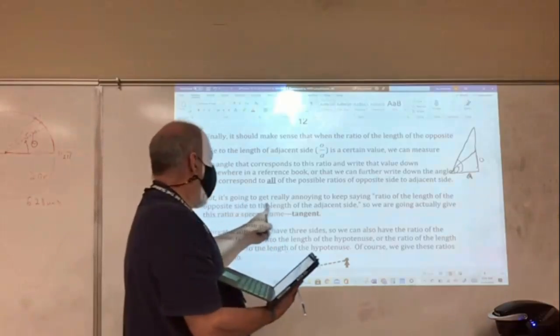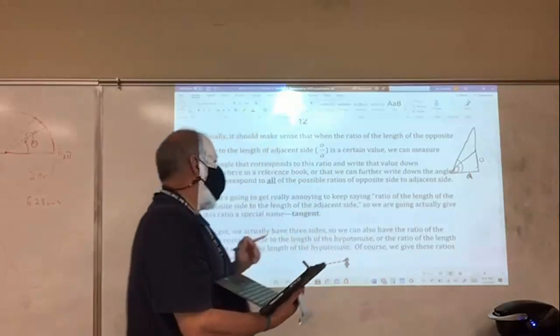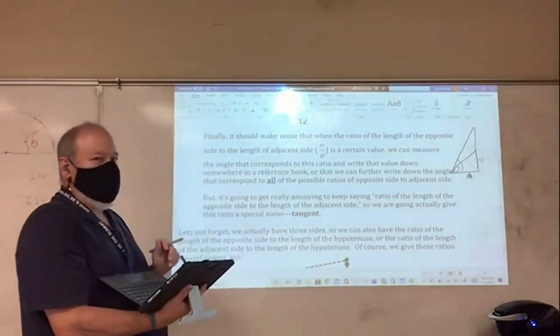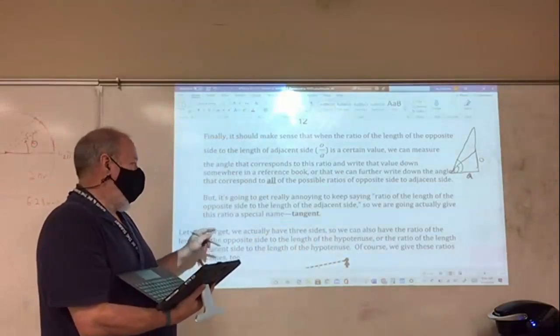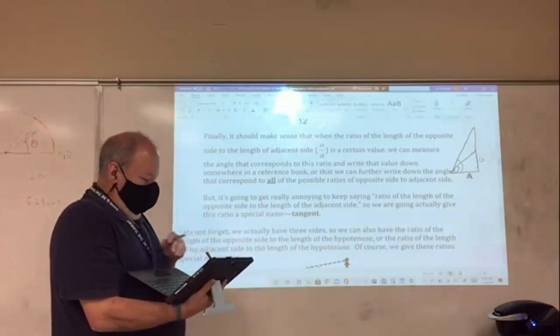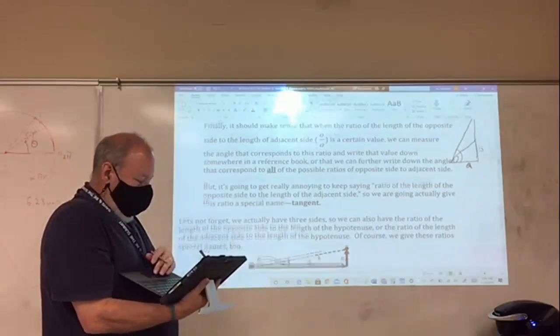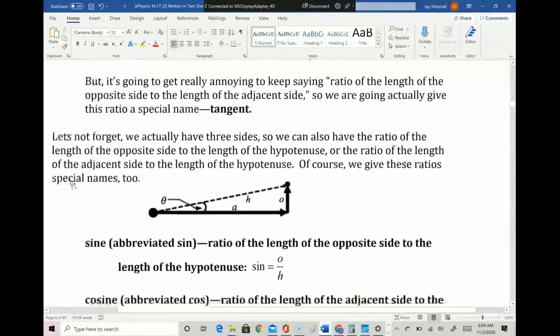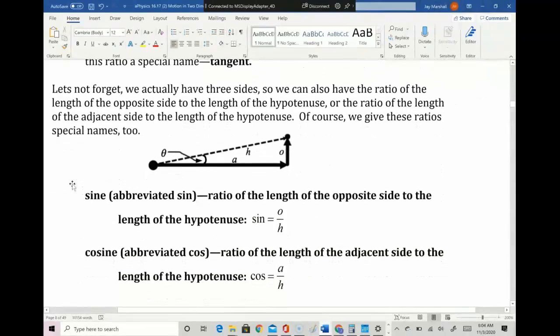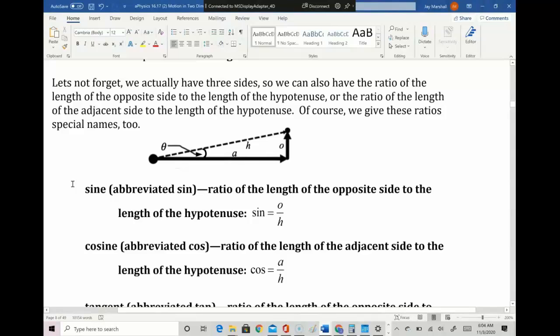It's going to be very annoying to keep saying the ratio of the length of the opposite side to the length of the adjacent side. We don't want to keep doing that. So we're just going to call it the tangent. Okay? Now, we have some other sides of the triangle too, and we're going to do the same thing with those.